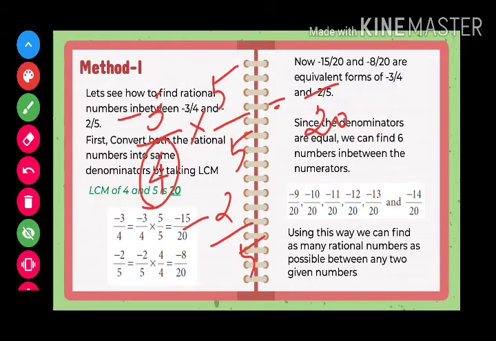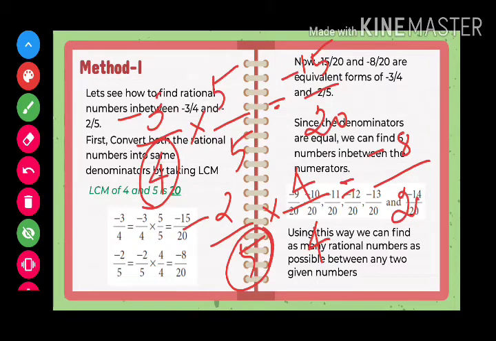So minus 3 into 5 will give us minus 15. Same way, what number should you multiply with 5 such that we get 20? Yes, we should multiply by 4. Hence we multiply 4 on the denominator, and we should also multiply 4 on the numerator. So minus 2 into 4 will give us minus 8. 5 into 4 will give us 20.